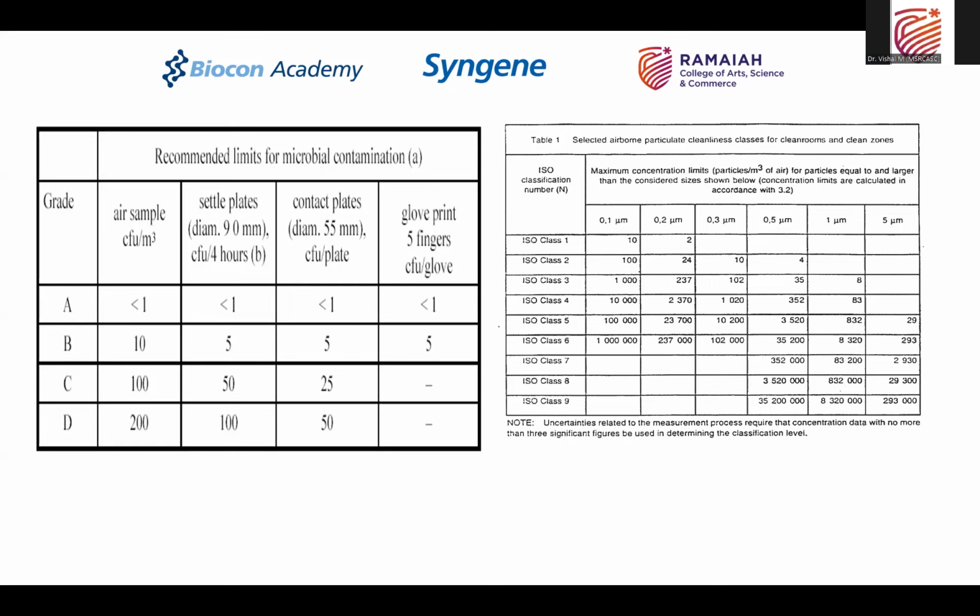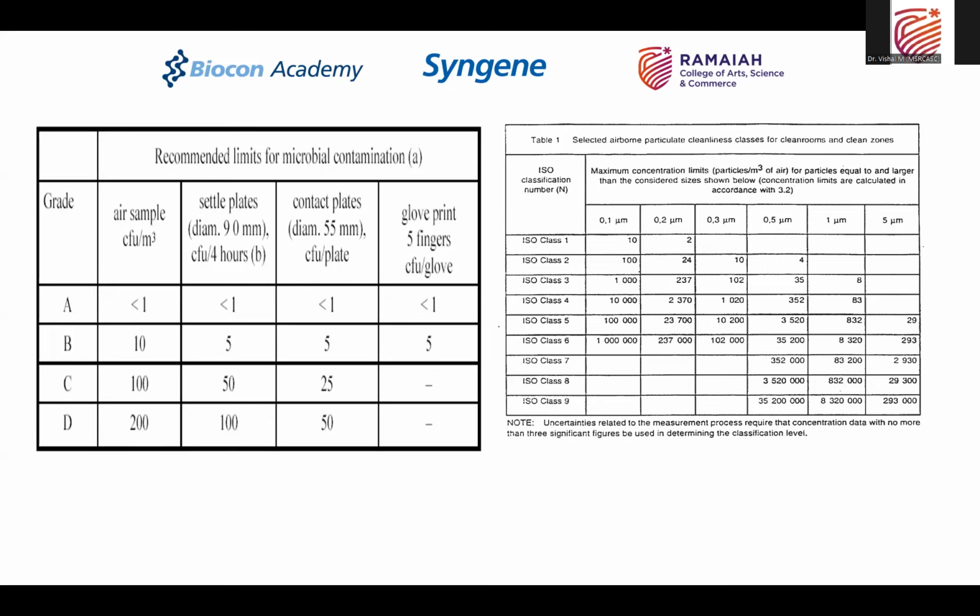So you're taking a plate of certain diameter. In those plates, the CFU should be less than one, for a time period of 4 hours. So within those 4 hours, if there is any bacterial growth, it has to be less than one colony.